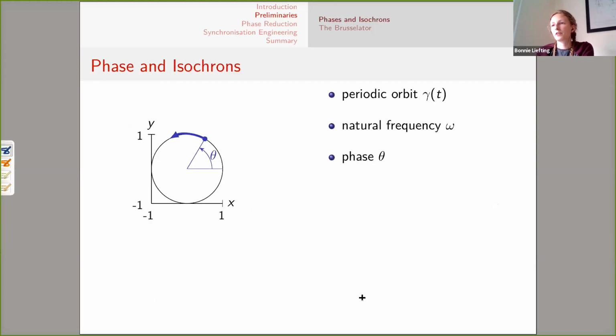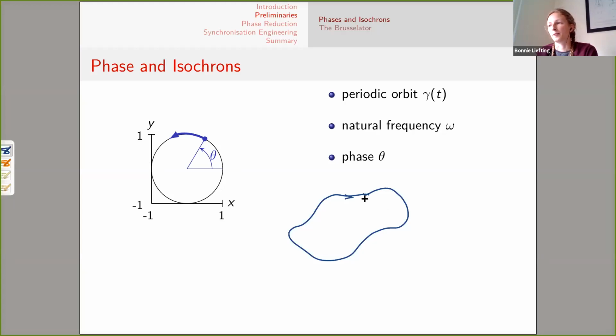So if you have an oscillator, it can have quite, say, strange paths. Maybe it has a path like this and it's going around. But we can always map such a path to just the unit circle. And then we can map any point on the unit circle to some phase. So usually it's between 0 and then we go around and then we go to 2 pi and keep going like this.